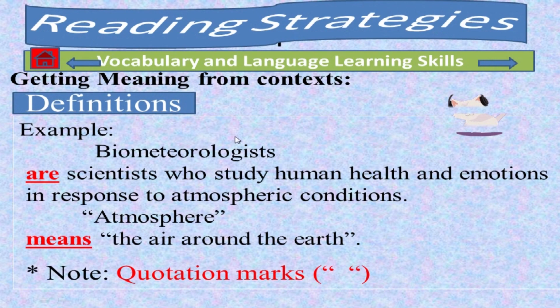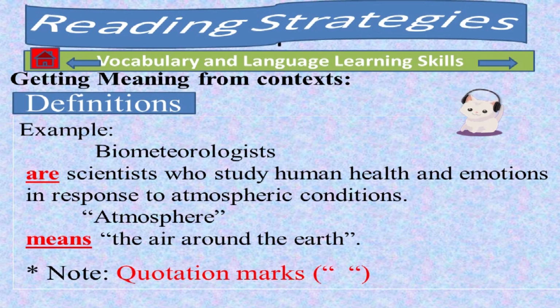Regarding definitions, they use the verbs to be and mean to indicate or explain a person, an object, an animal, a place, a natural phenomenon, or a word or phrase meanings. Look at the example.